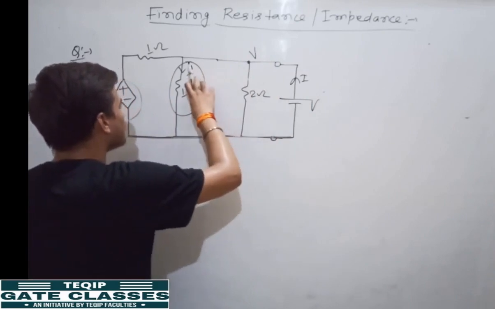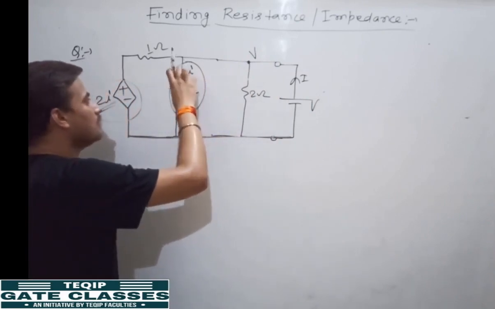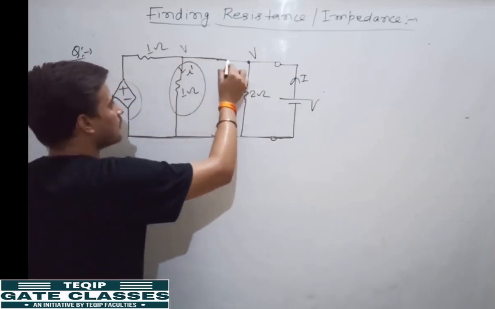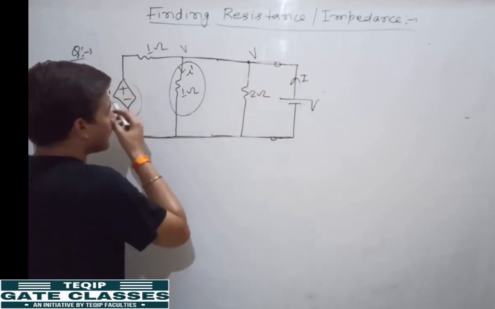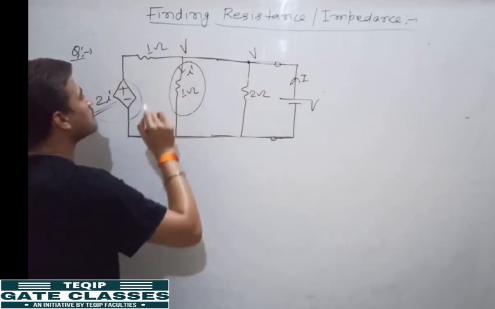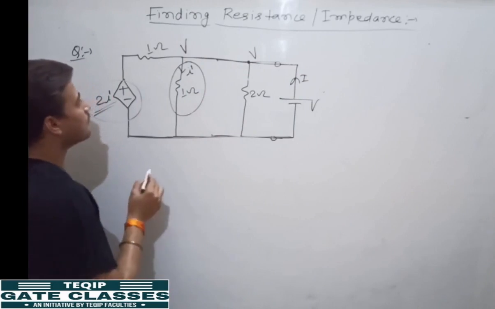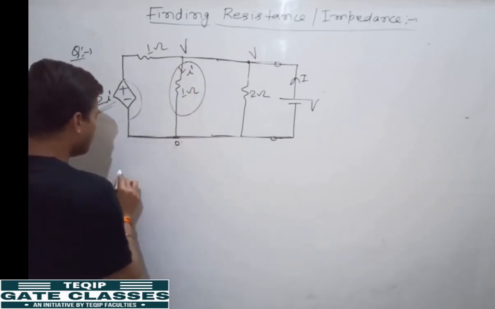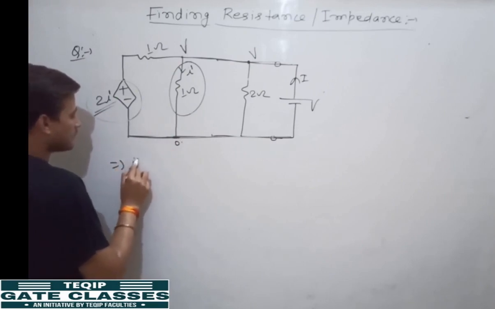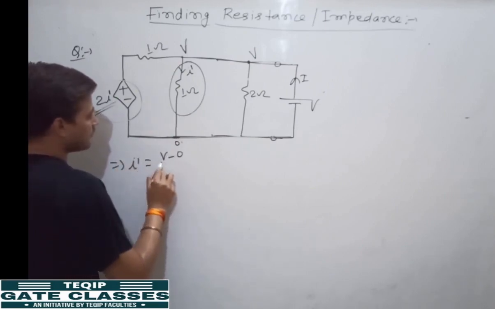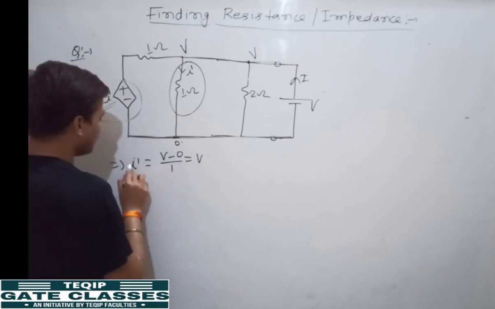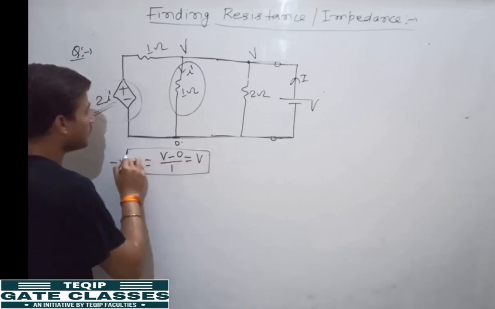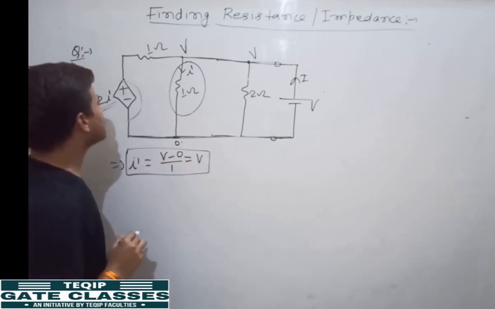Come to this one. Here also the potential will be V volt because the wires are shorted. If here potential is V, here potential is 0. So I dash will be equal to V minus 0 divided by 1. That means I dash is equal to V.